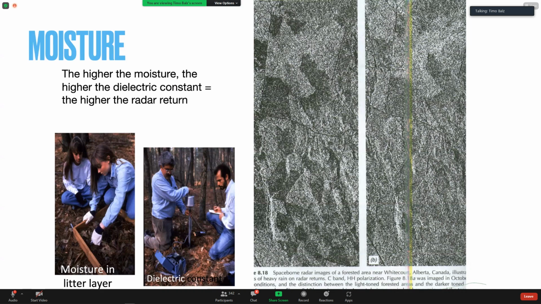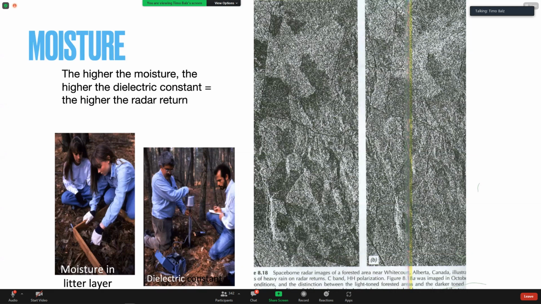And water is a very good conductor, right? So if you hit water, you're going to see a reaction. So moisture will reflect stronger. If you have higher moisture in your soil, you have a higher dielectric constant and you get a higher radar return. So radar is able to detect soil moisture, right?